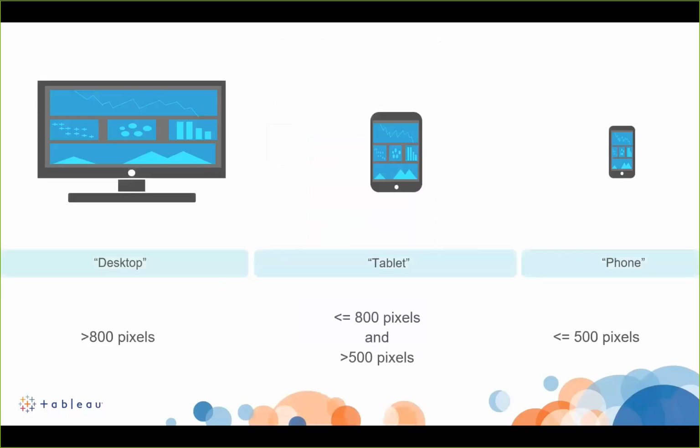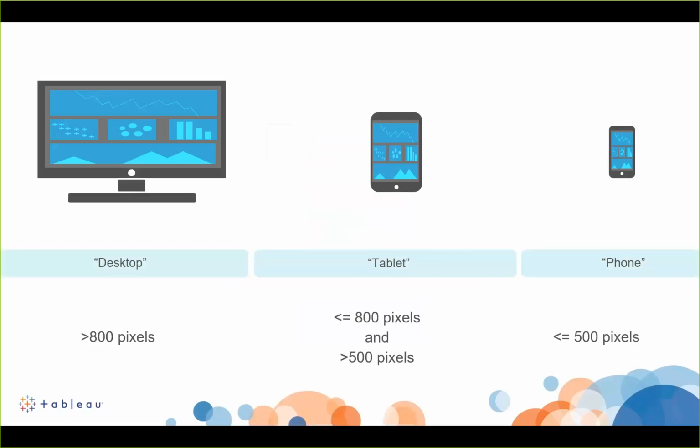Based on that number, it's going to classify it as either a desktop, a tablet, or a phone. So it's going to say, if I have over 800 pixels in either the height or the width, we're going to assume you're a desktop. If it's less than 500 in the height or the width, we're going to assume you're a phone. And if it's in between, it's going to assume that it's a tablet. Right? So that's the logic that it's going to use.